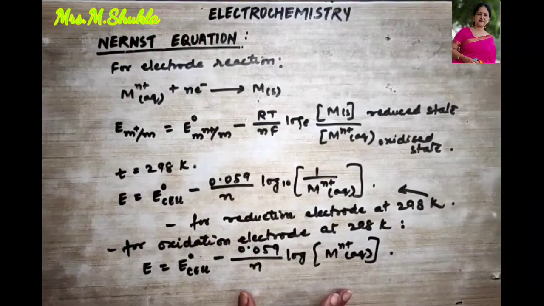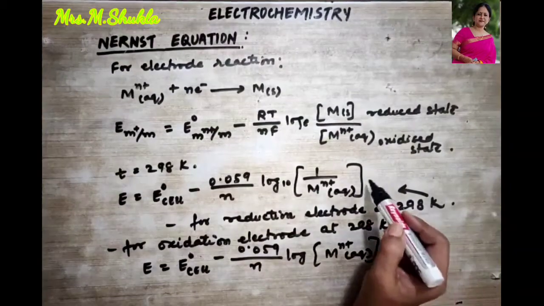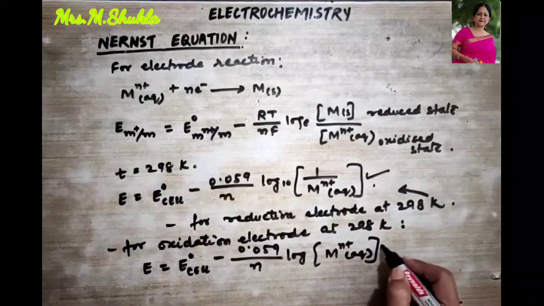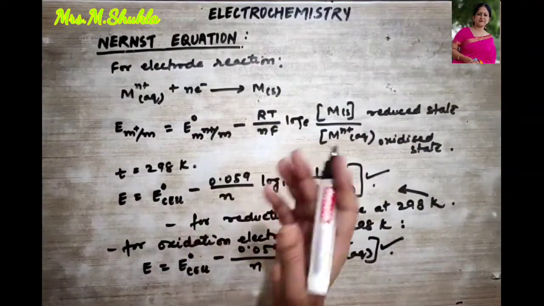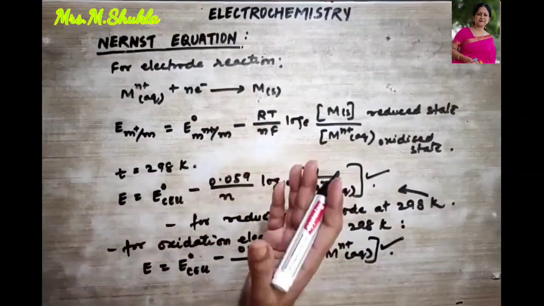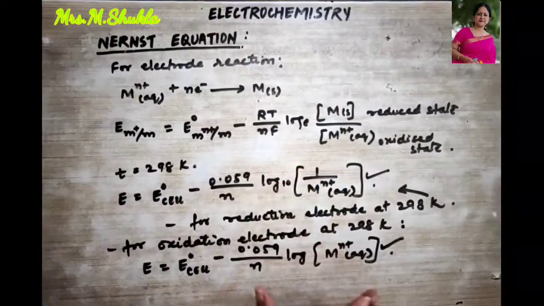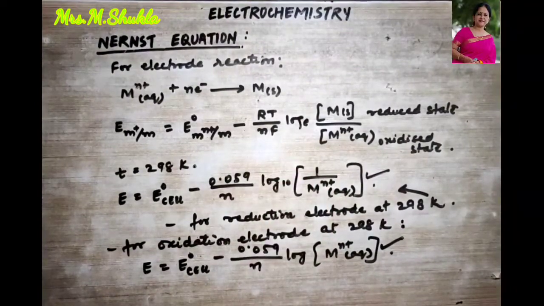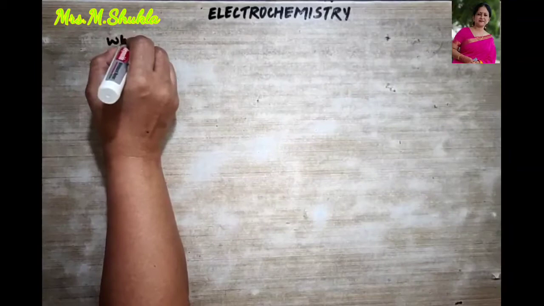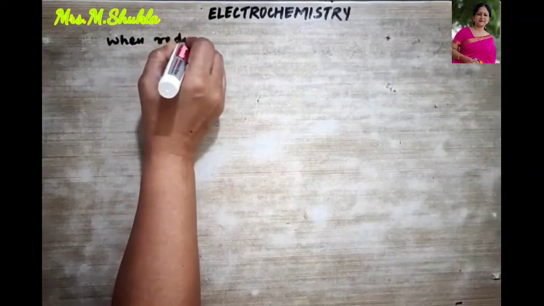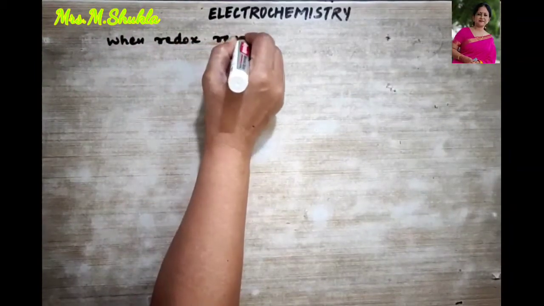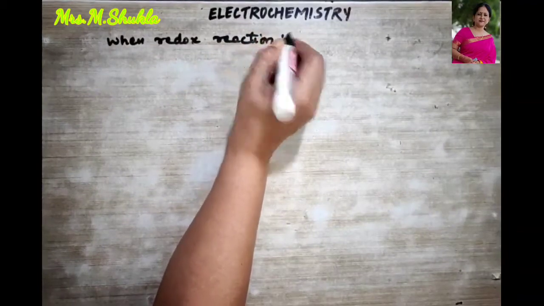So this is the formula we are going to use. So for reduction electrode potential, this, for oxidation electrode potential, this, and now we are going to talk about which formula we are going to use when a redox reaction is there. So when it is a redox reaction, then what do we do?